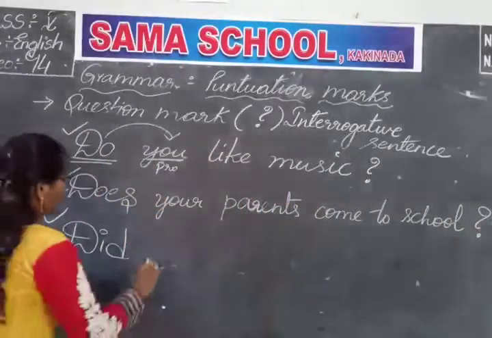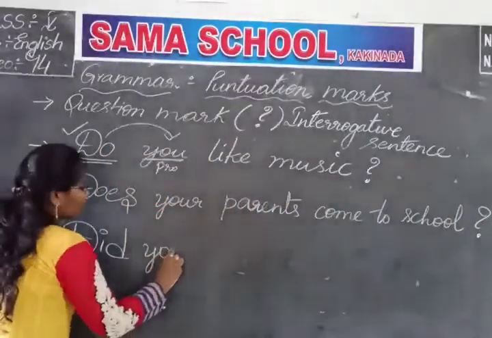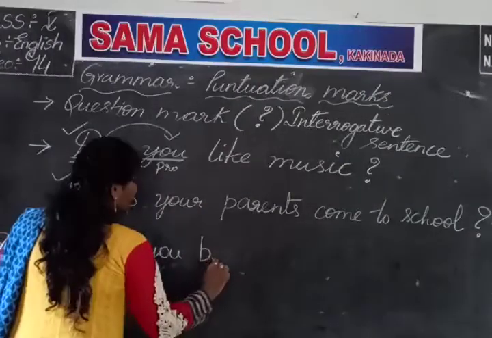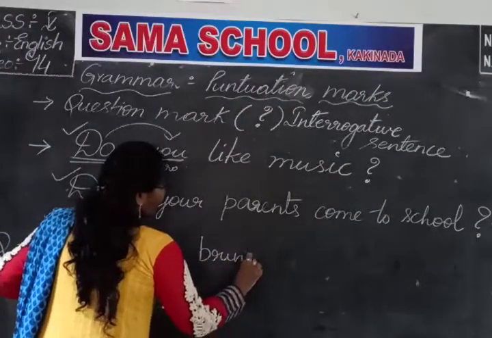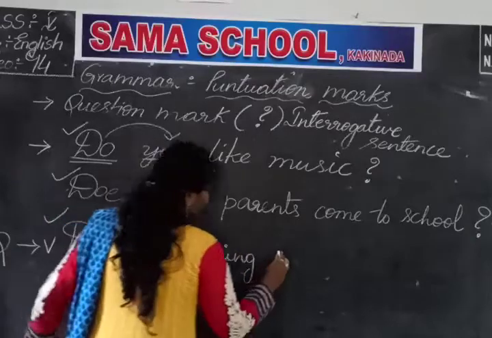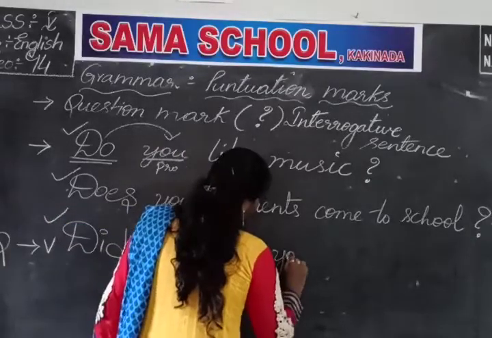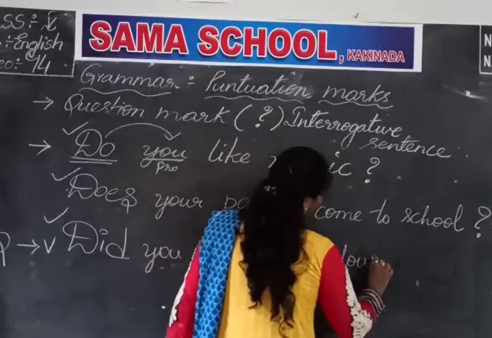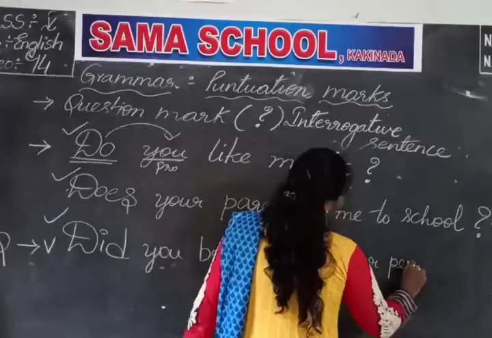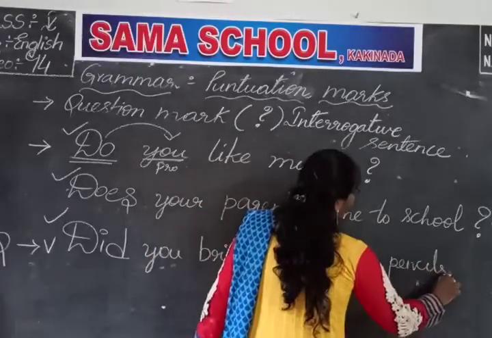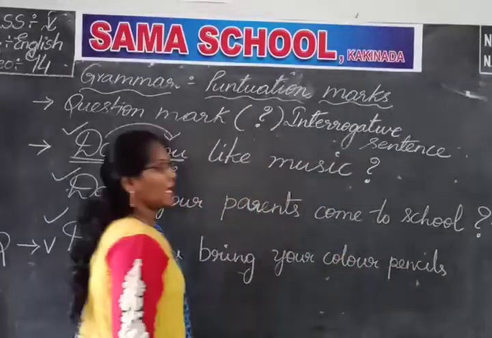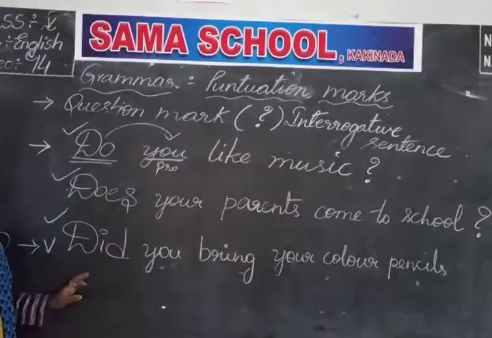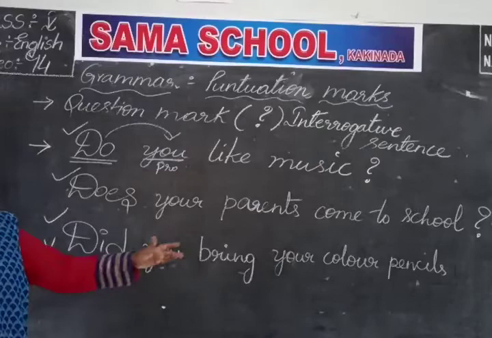Okay. Did you bring your color pencils? So maybe your teacher will ask you to bring your color pencils. So she was asking you a question: did you bring your color pencils?